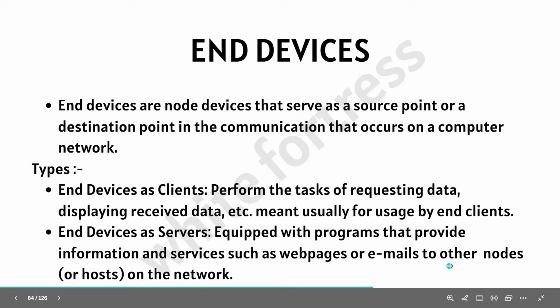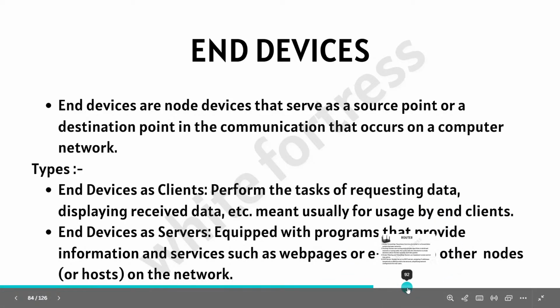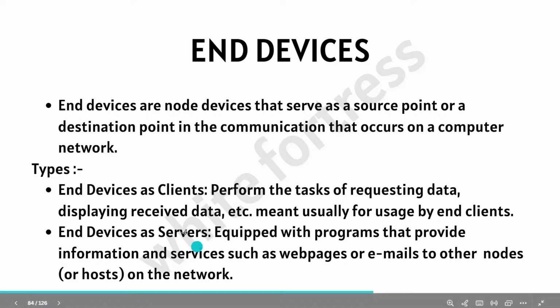For HTTP, they will have port 80. For HTTPS, they will have 443. For FTP, they will have 21. For email, SMTP, they will have port number 25. There is also SSH, for which they will have port number 22. For telnet, they will have port number 23 open, right?